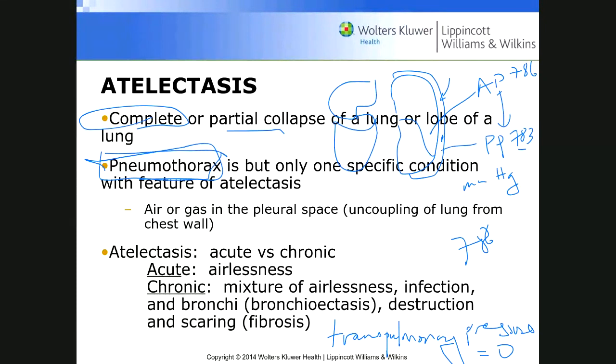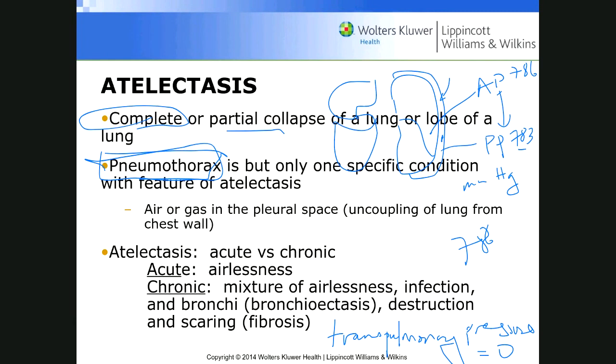So in other words, collapsed lung is only one of the several causes of atelectasis. Okay, atelectasis means it's not fully inflated. That's what atelectasis means. And we're going to see there are 3 causes of that in a little bit. It cannot fully go out. Okay.